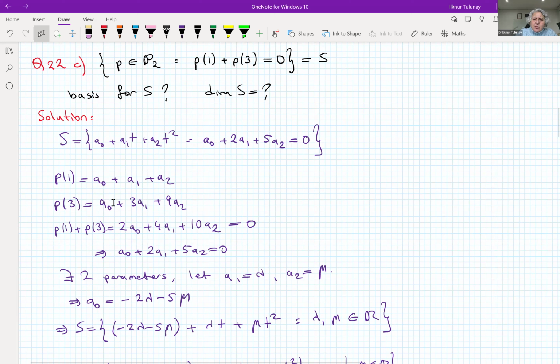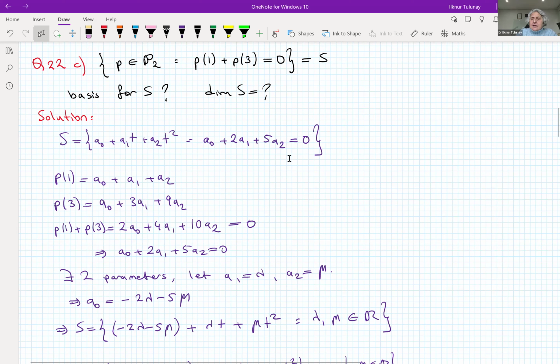So this P1 plus P3 should be 0. So this equation means this plus this is equal to 0. If you figure it out, we will find this condition. I figured it out here and plugged it back. So this is another definition of S.